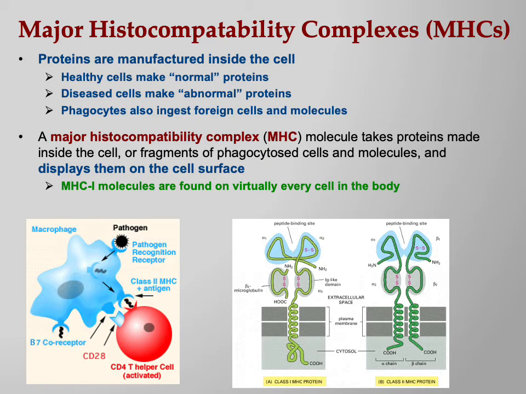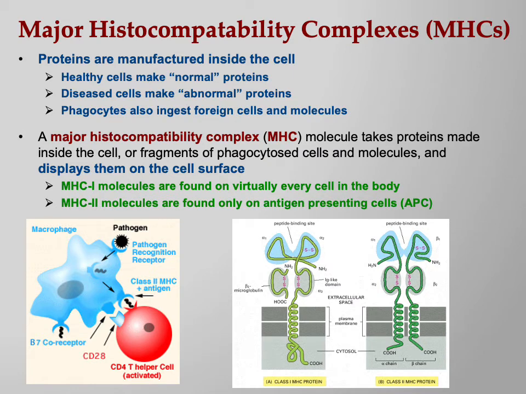So what do you suppose this T cell does to it? Yeah, it kills it, all right? So that's how your immune system knows whether cells are healthy or whether they're diseased. Your immune system is going to inspect the MHC1. If it sees a normal protein, it'll just let it be. But if it sees an abnormal protein, that means it has to die, all right?